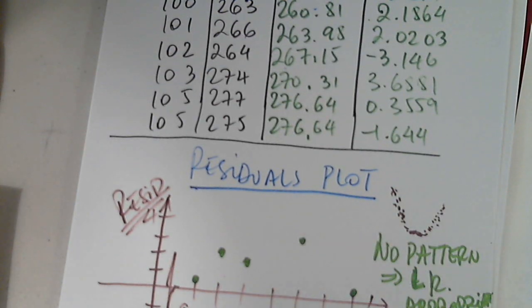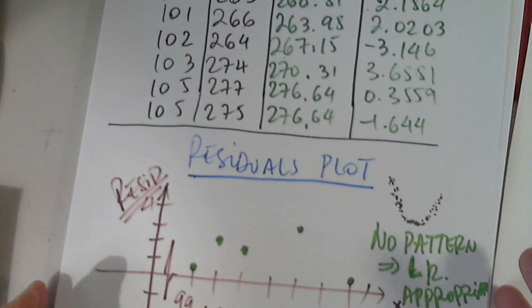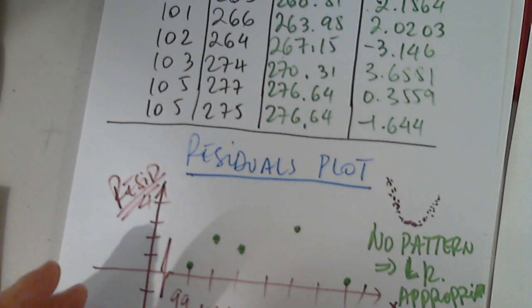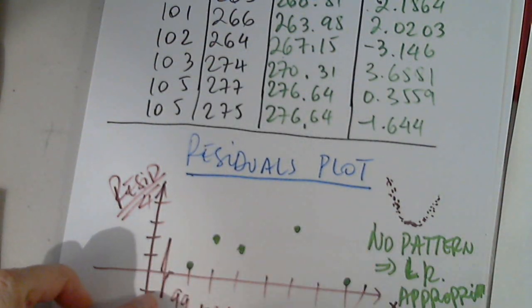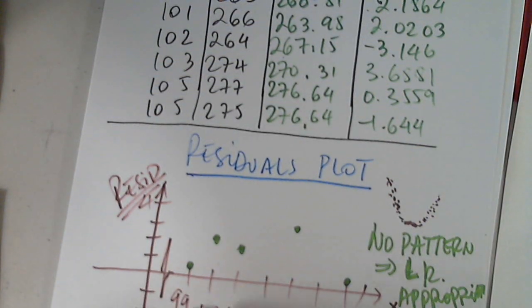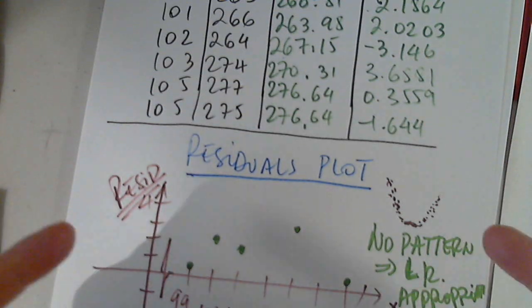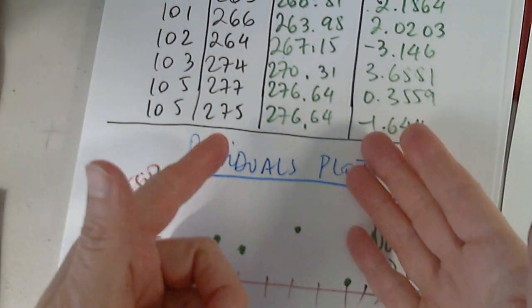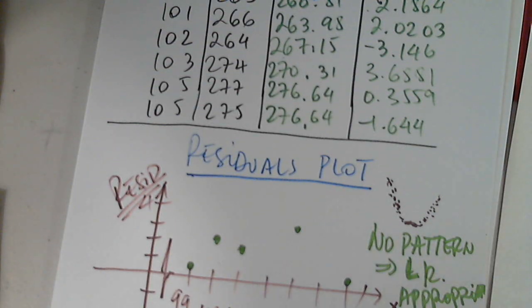I don't see any pattern. They're all scattered all over the place. Some of the residuals are above, some below. It doesn't go up and then down. Even for 100, it's plus or minus. 101 is a positive residual, 102 is negative, and then positive, and then positive and negative.